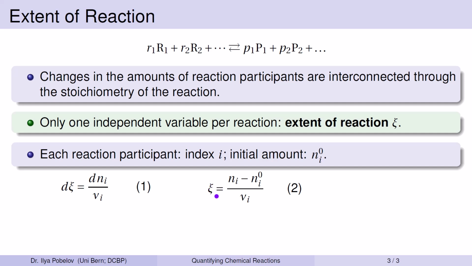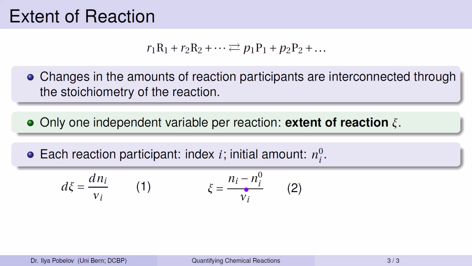Obviously, the extent of reaction equal to 0 refers to the initial composition of the reaction mixture. Importantly, due to the stoichiometry of the reaction, no matter which reaction participant is being considered, the result will always be the same.